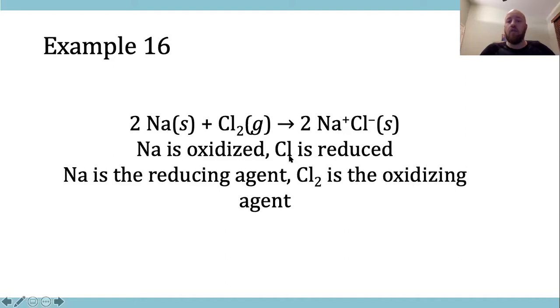Chlorine is causing oxidation to occur in the other species. So that's what the agent definition is really looking at. Once you identify what action is being taken by a particular molecule, it is causing the opposite to occur in the other thing.